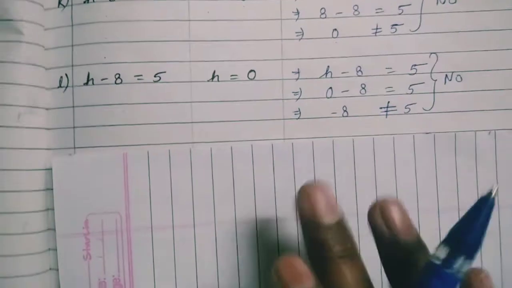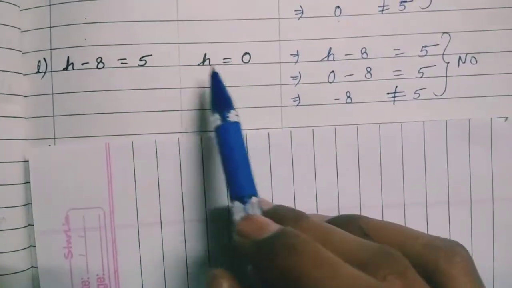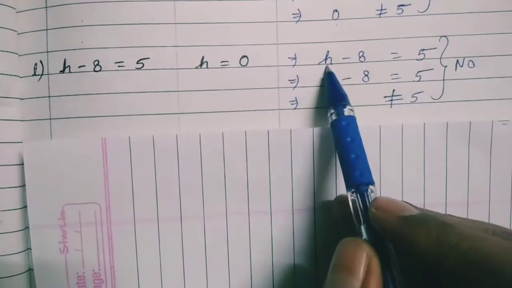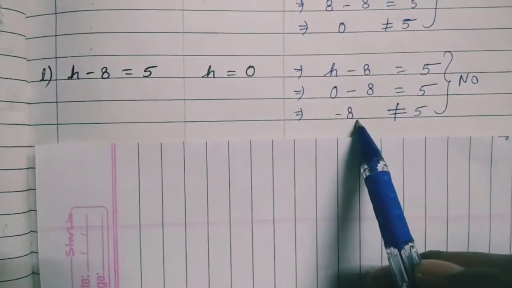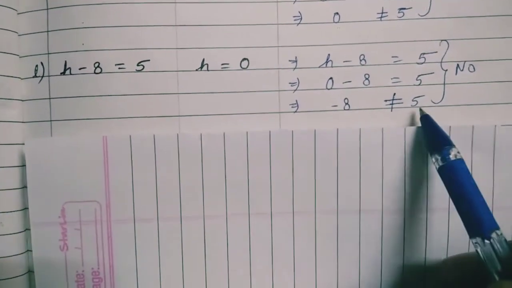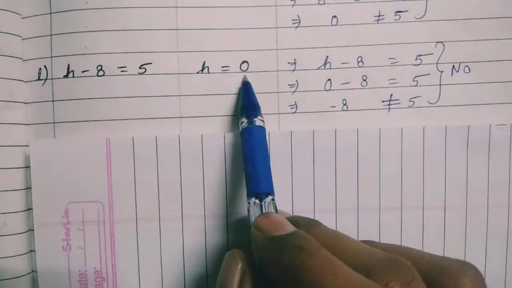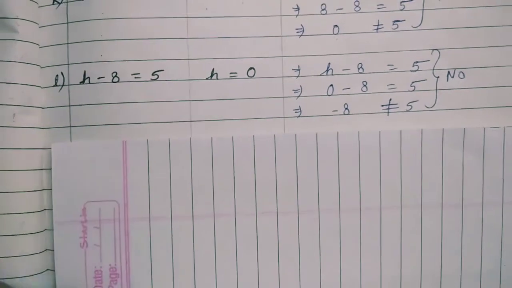Now for the L, h minus 8 is equal to 5 and given here the value of h is 0. So in the equation we will put h is equal to 0. 0 minus 8 is minus 8 which is not equal to 5. So we will write here no. For h is equal to 0, our equation is not satisfied.